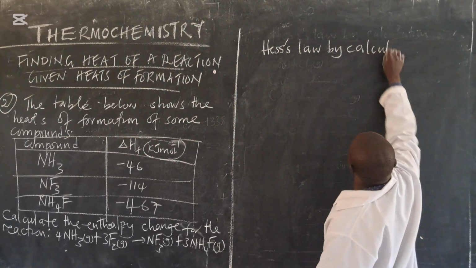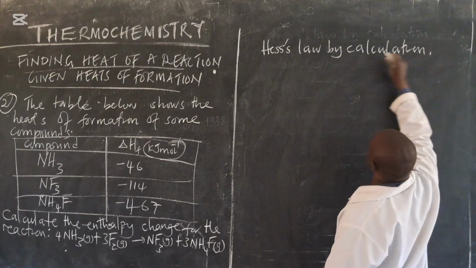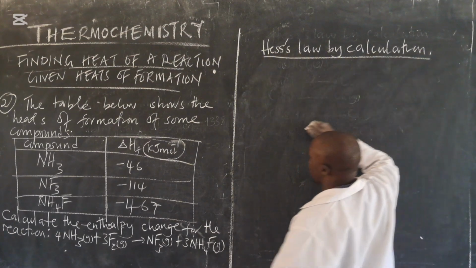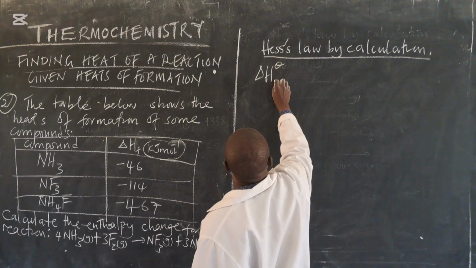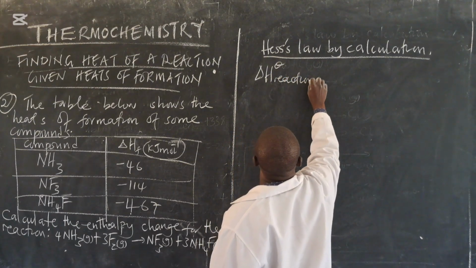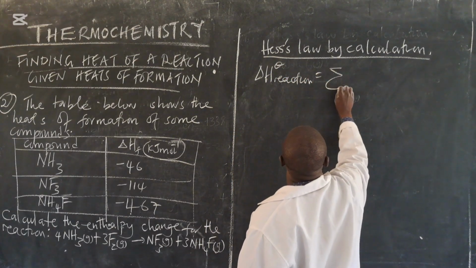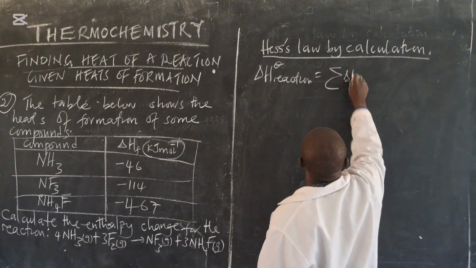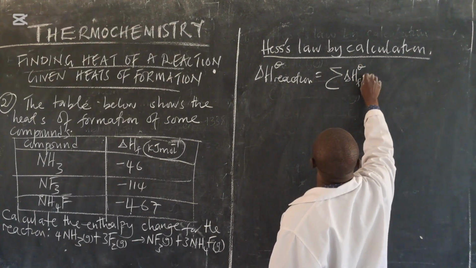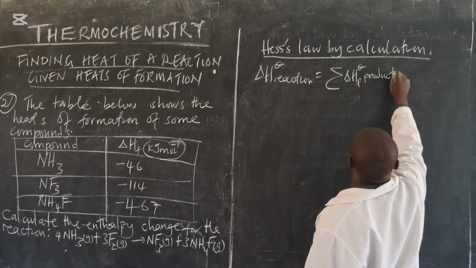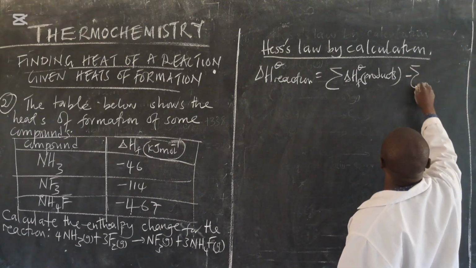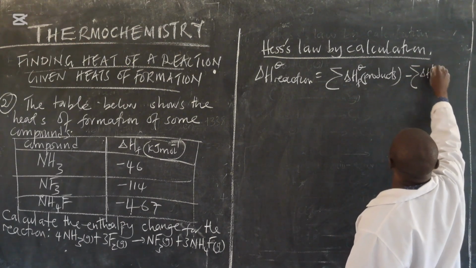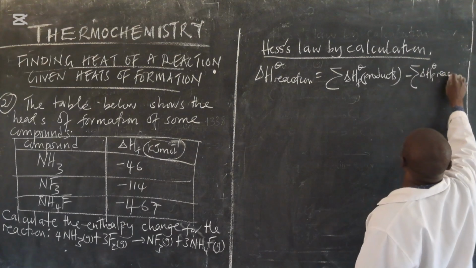In this case, we use the formula: the standard enthalpy change for any reaction is equal to the summation of the delta heats of formation of products minus the delta heats of formation of reactants.